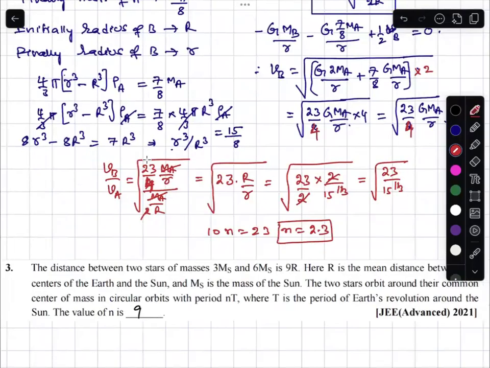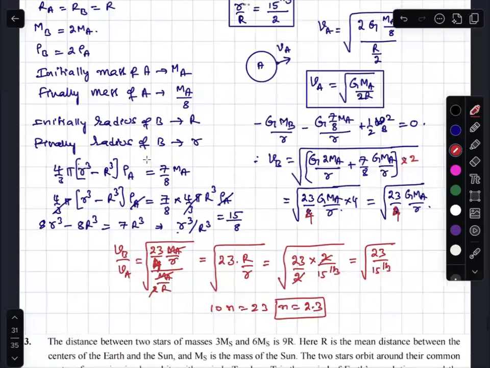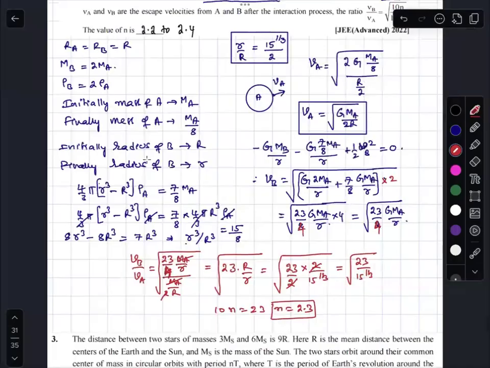Still they have given range as 2.2 to 2.4. That is how IIT people are so merciful, actually. Right. Now, any doubt? See, what is majorly involved in this question? Calculation is the criteria. Remember, when you are solving 11 out of 18 questions in IIT, each question you can minimum spend 5 minutes.